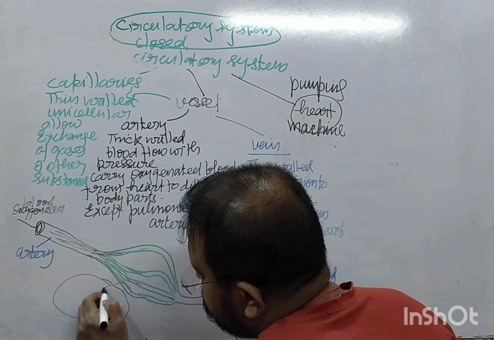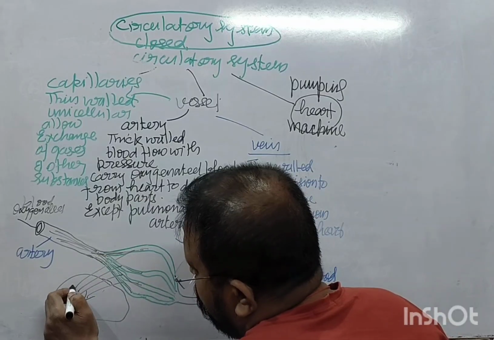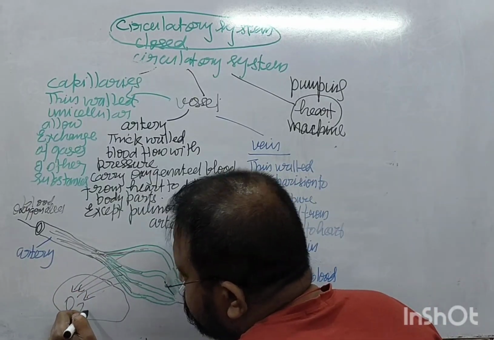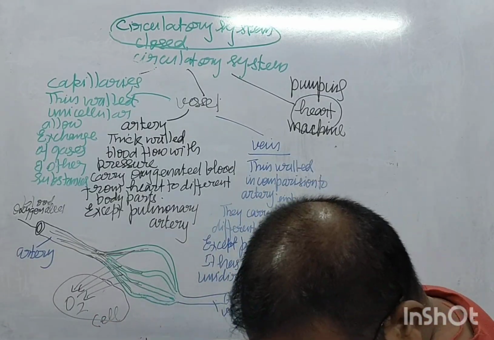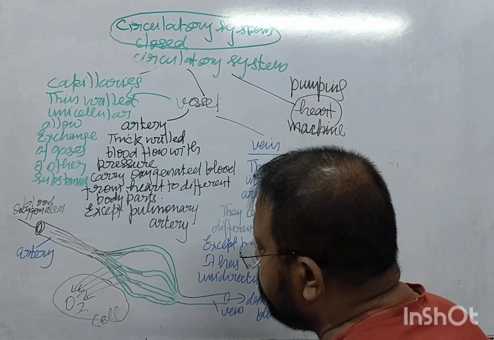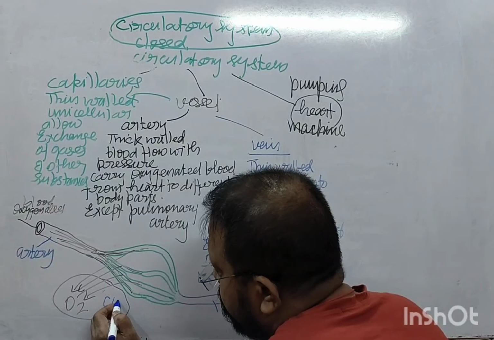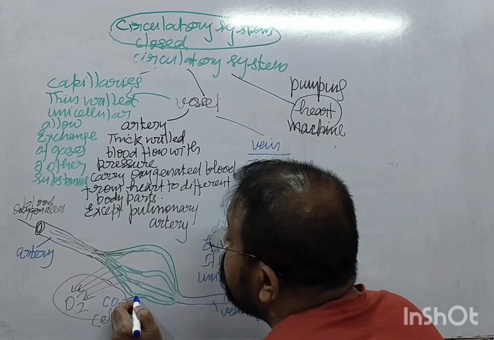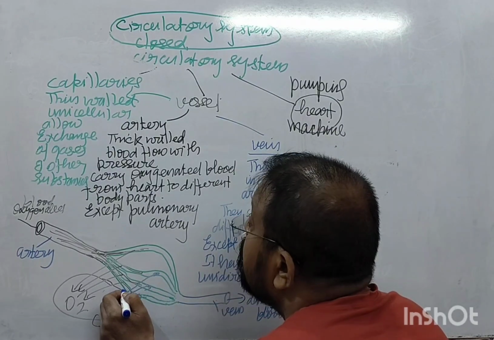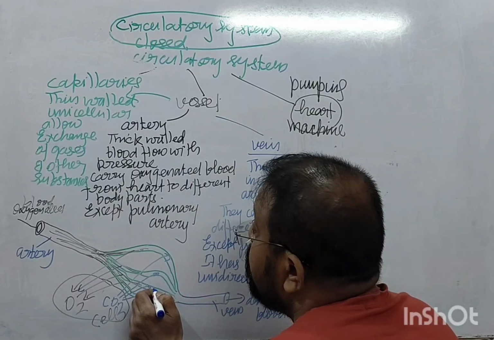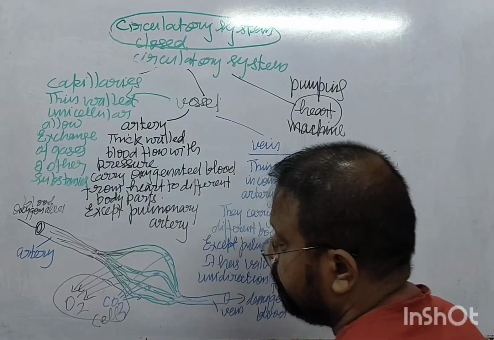So oxygen goes to the cell, right? And carbon dioxide is sent back here, and they combine together. This deoxygenated blood comes here.